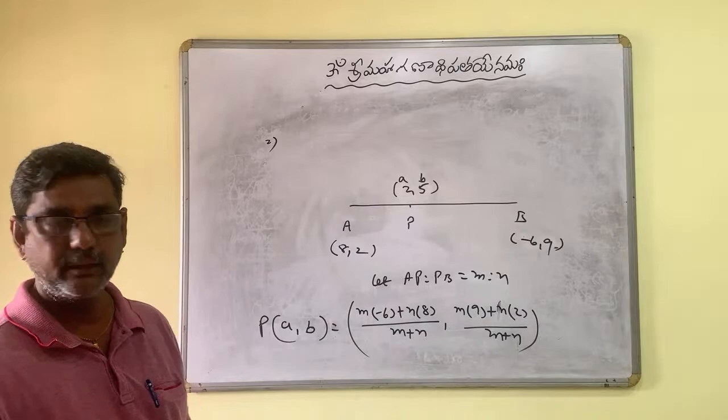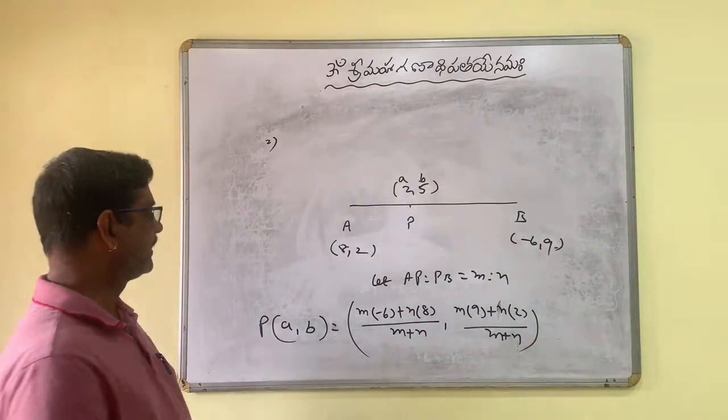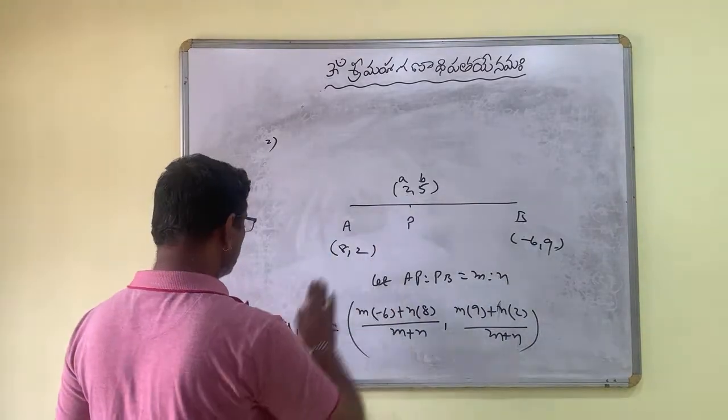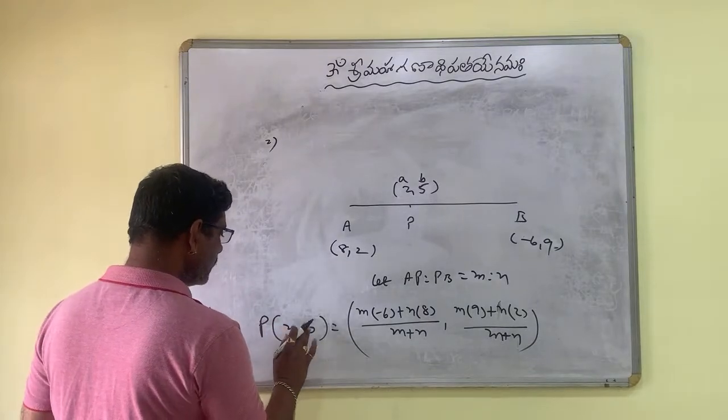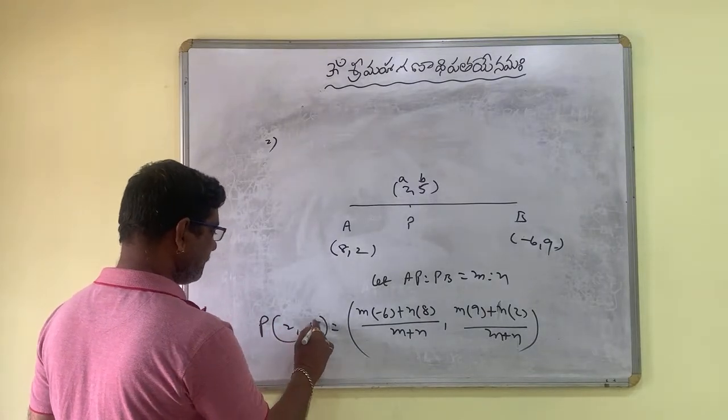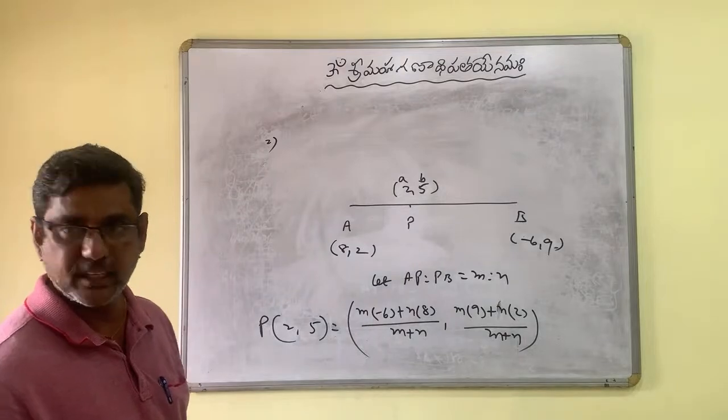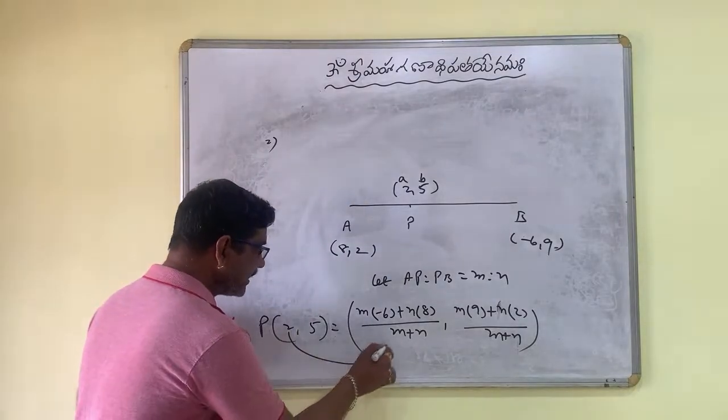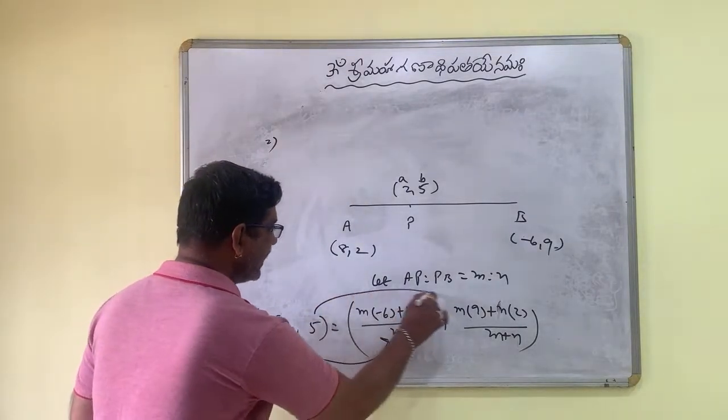Okay. See here, A value is given as 2 and B value is given as 5. That means this 2 is equal to this and this 5 is equal to this.